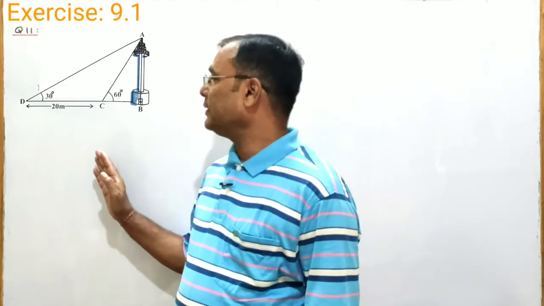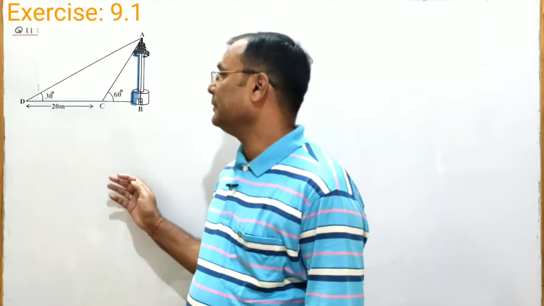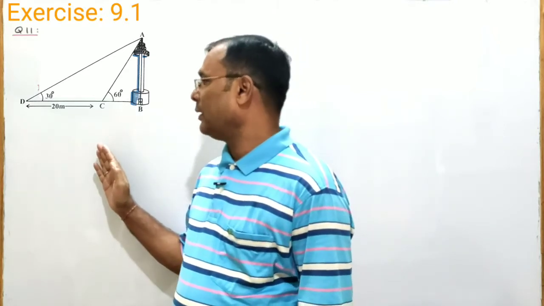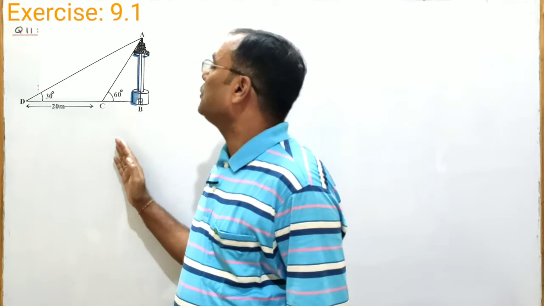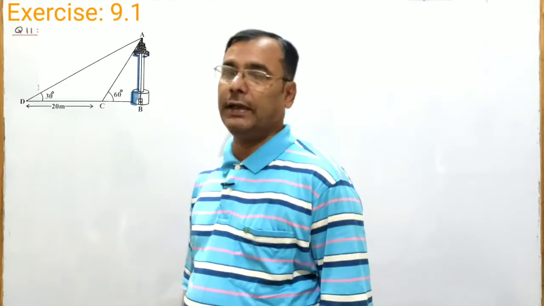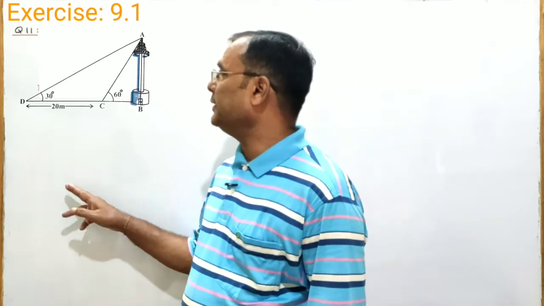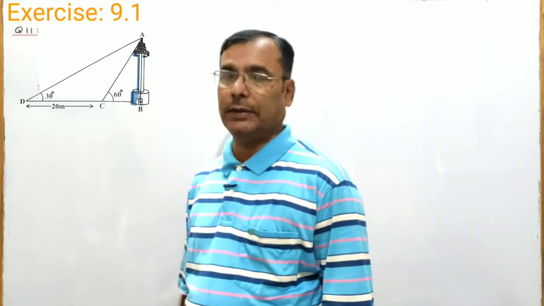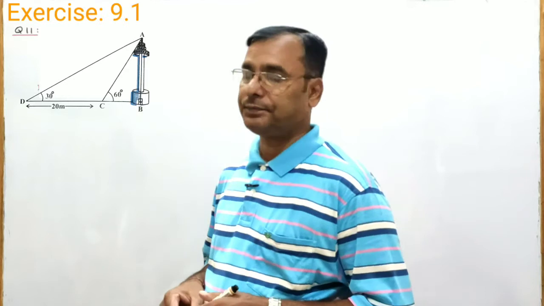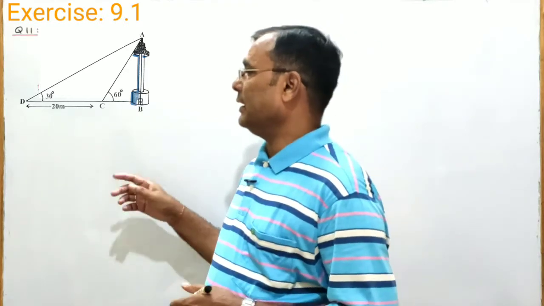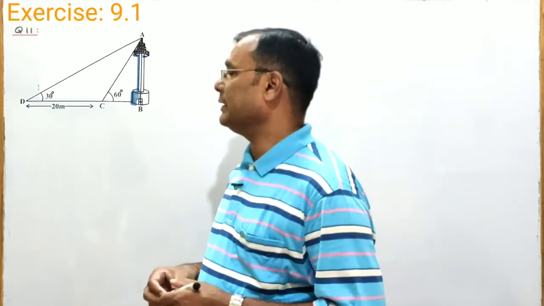C is the point on the bank of the canal, and after moving 20 meter away from the bank of the canal, the observer observes from point D the top of the TB tower and finds the angle of elevation is 30 degrees.